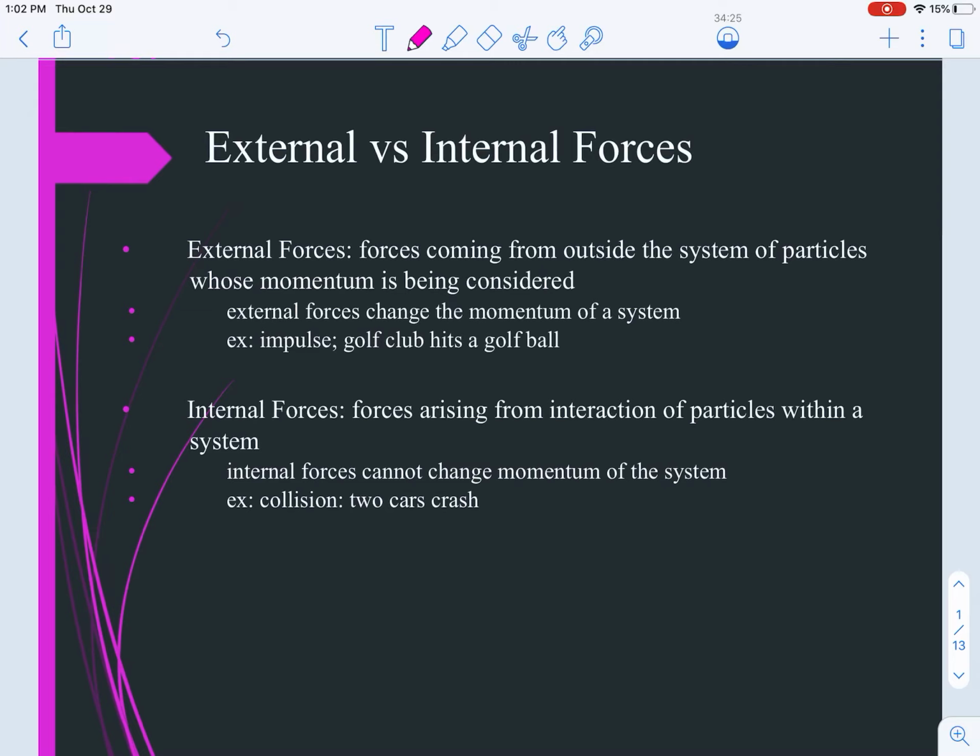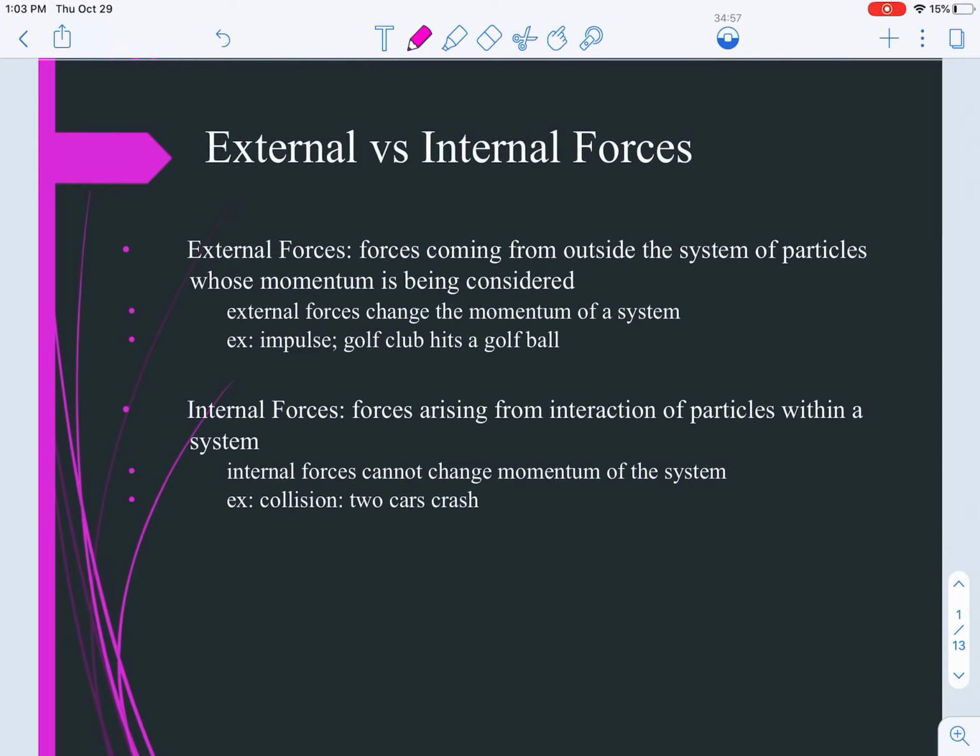So internal forces are forces that come from the interaction of the particles within a system. So here's what this means. Now our system is not going to include only one object. Now our system is going to include two objects, and these two objects are going to interact with each other. So any forces that are responsible for changing the momentum of either of these objects came from within the objects themselves.